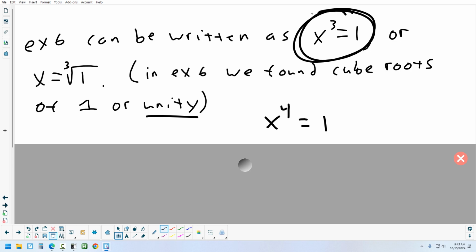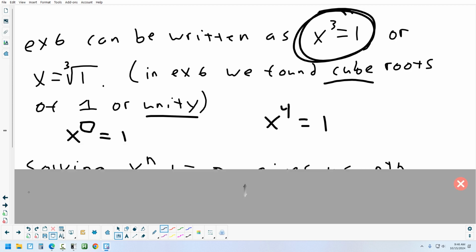So anytime you want to find roots of unity, you basically do this. All you do is change the number that would be your exponent to whatever type of root they're asking you to do. Cube root, fourth root, things like that.